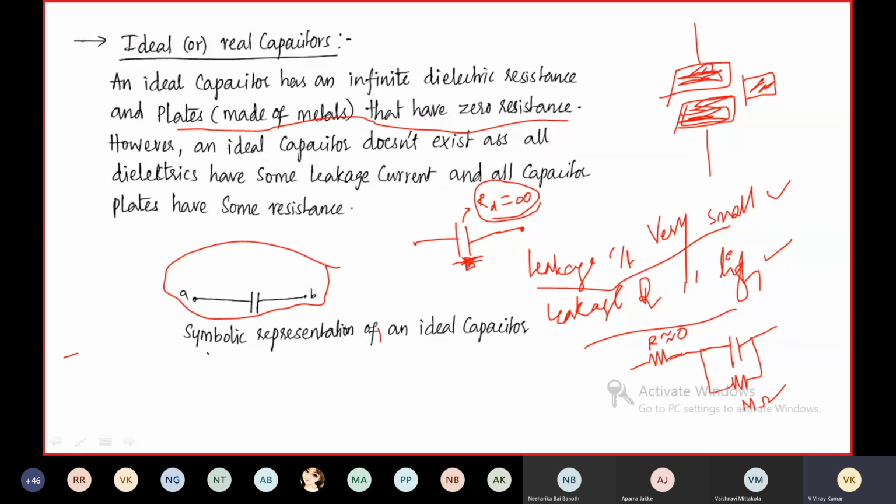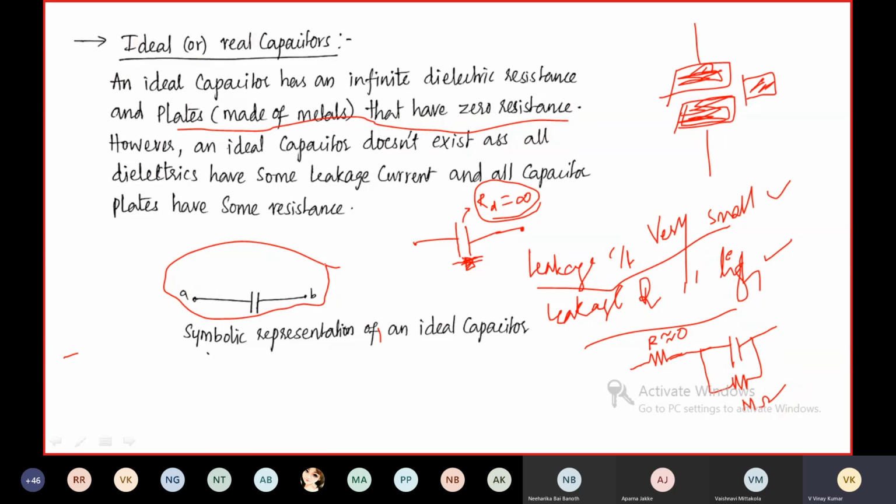What are the properties of an ideal capacitor? The resistance of the dielectric material is infinity, and the resistance of the capacitor plate is zero. Practically, the resistance of the dielectric material is not infinity, it is very high.